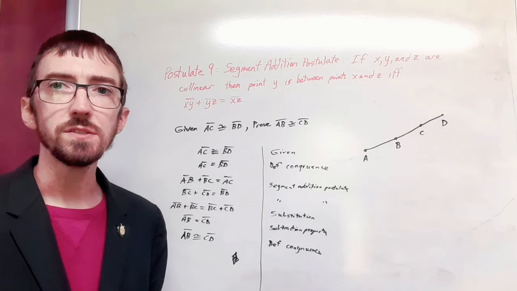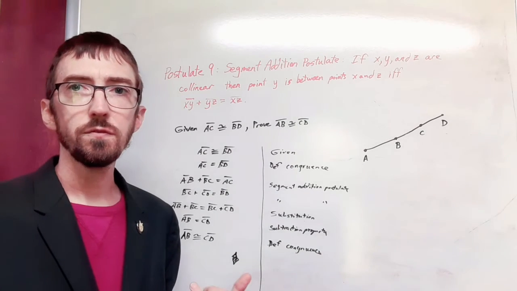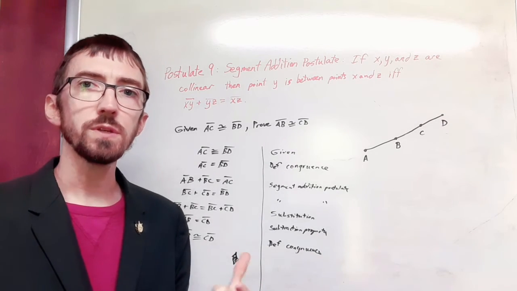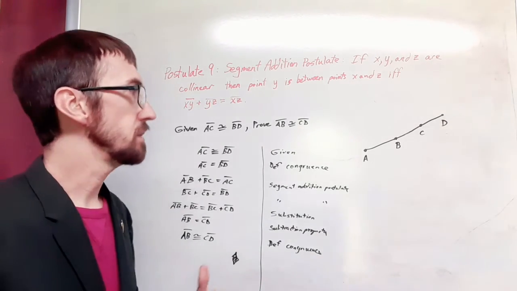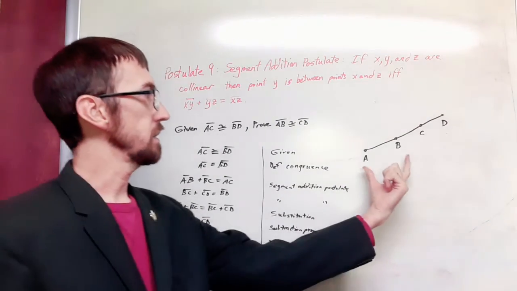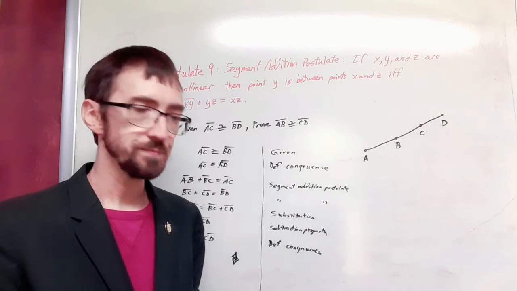A comment about segments. There's a theorem that tells us that we have reflexive, symmetric, and transitive properties when it comes to segments. What that is telling us is that a segment AB is going to be congruent to itself.